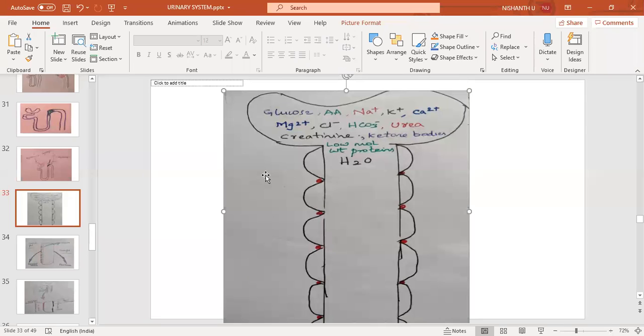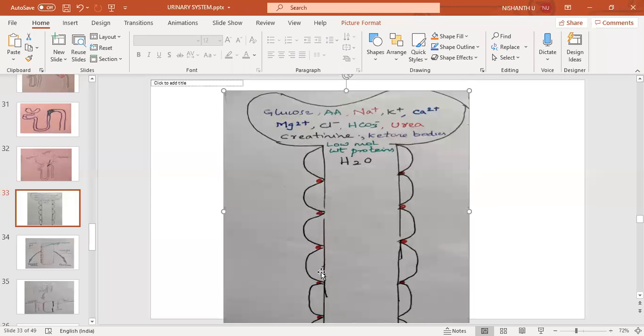Point number 2. Listen carefully to this point. Just now I told you this is the tubular fluid, the fluid inside the cell is cellular fluid, and the fluid outside the cell is interstitial or extracellular fluid. Now you have to understand that Bowman's capsule is present in the cortical region, not in the medullary region.